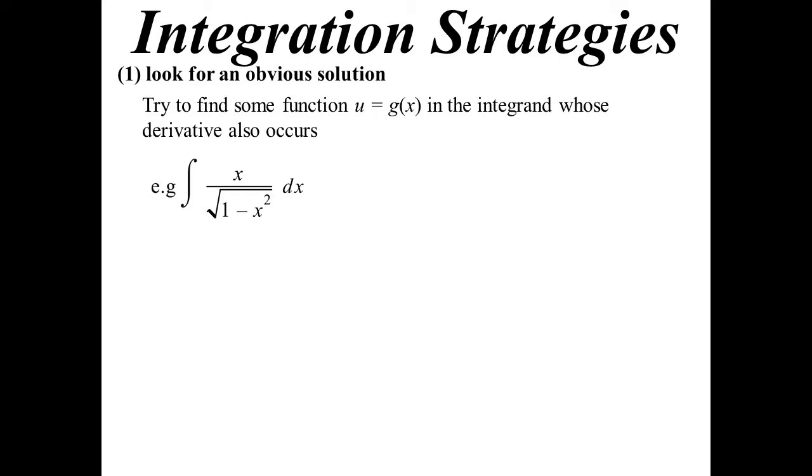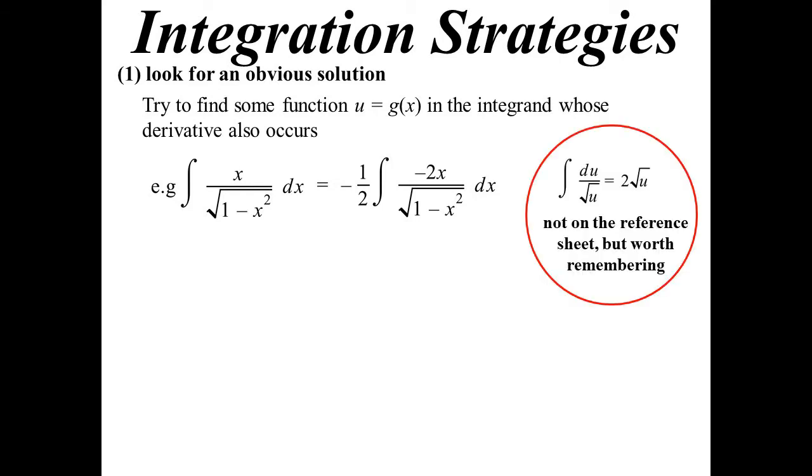So I know that's going to be minus a half, the integral of minus 2x on root 1 minus x squared. So I have the situation of du on root u, and as I've mentioned before, du on root u is 2 root u. It's not on the reference sheet, but certainly worth remembering to save yourself some time. So a half times 2 becomes 1, so we get the negative root u.